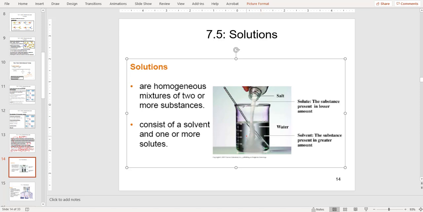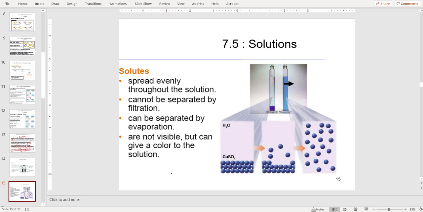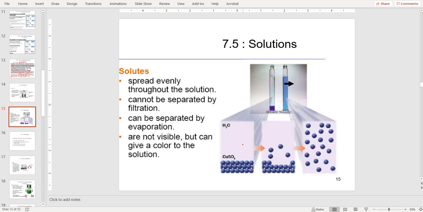It's going to create a solution. Here we have water and copper sulfate, and that's a solution. The solute spread out, and now we know that water is hydrogen bonding, that's polar, copper sulfate's ionic, and like dissolves like, so they're soluble.